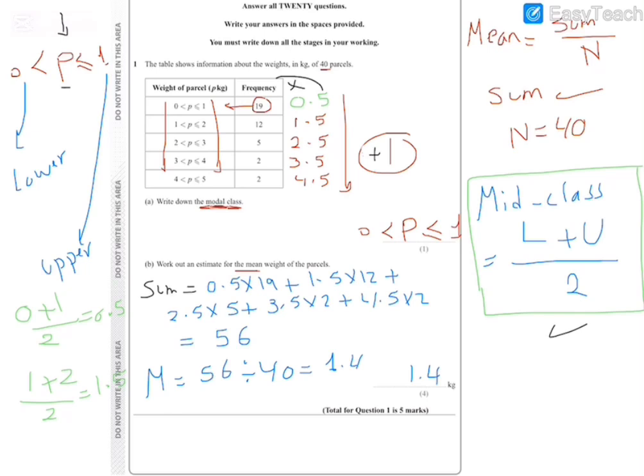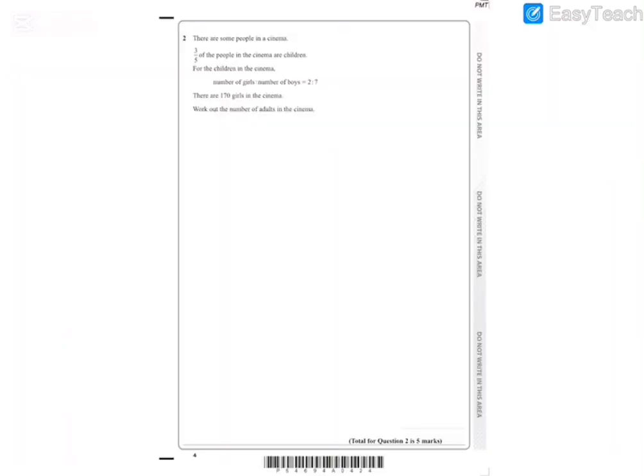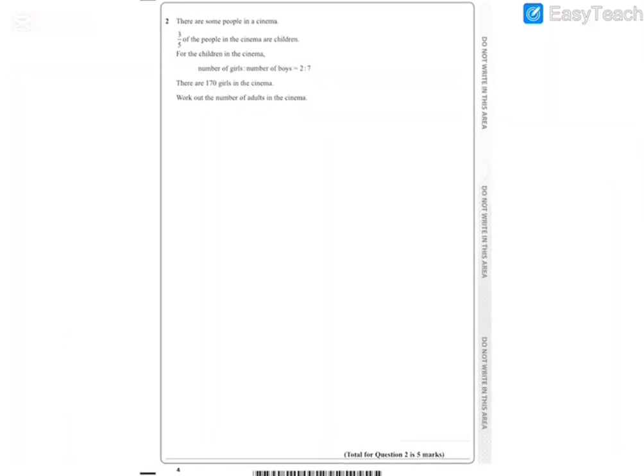Question number 2. Okay, when you read the problem, try to summarize it to make a summary of the information you have. There are some people, maybe children, maybe adults. 3/5 of the people in the cinema are children.